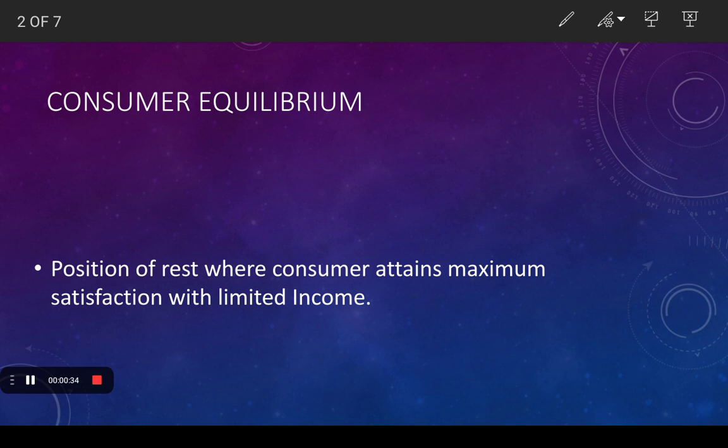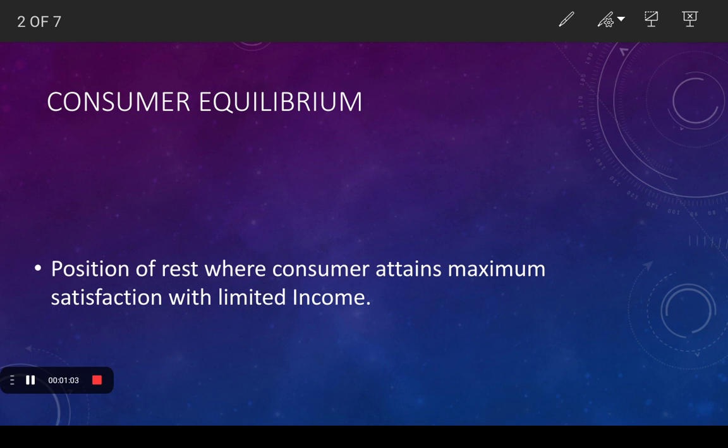Now, before going to the consumer equilibrium in single commodity case, let's understand what is consumer equilibrium. Equilibrium is simply defined as the position of rest, that is where the consumer should stop. And consumer equilibrium is a situation of position of rest where consumer attains maximum satisfaction with limited income.